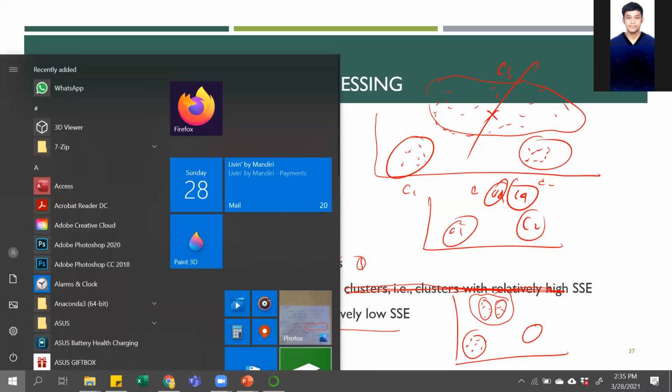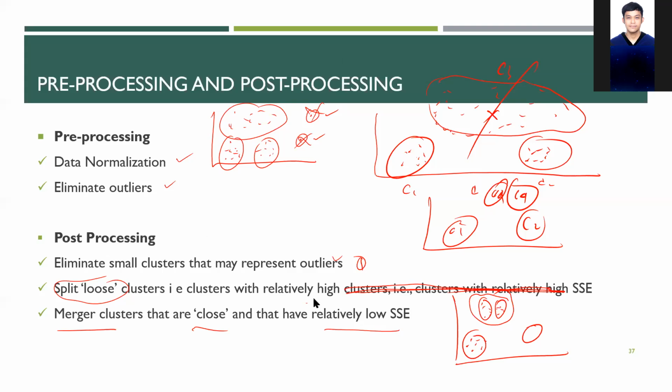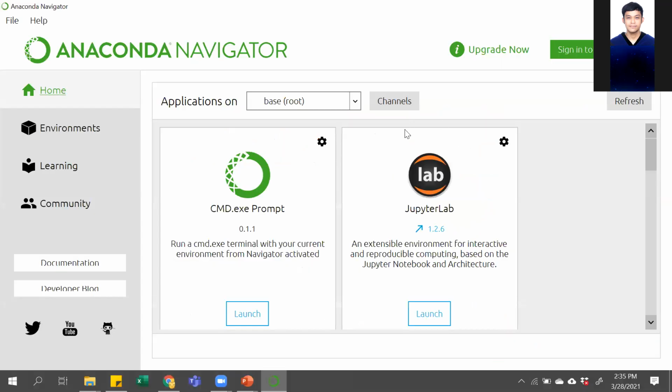So I'm showing my Anaconda Navigator. Can you see this? Yes. Okay, wait, slow. Sorry, wait.